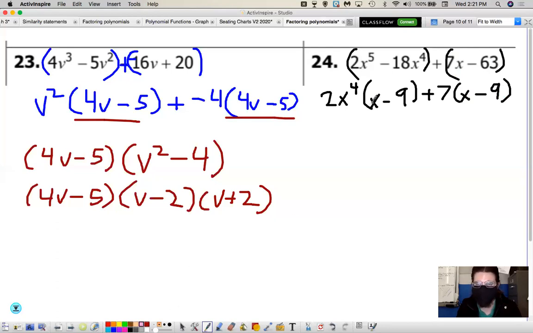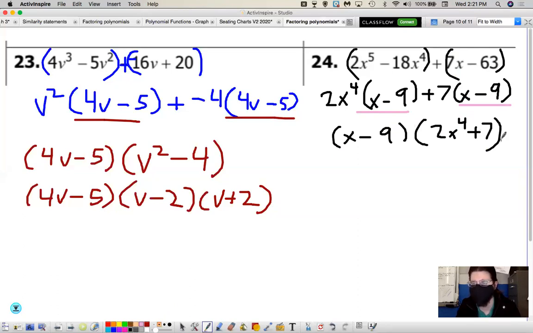Common factor is x minus 9. So we're left with x minus 9 times 2x to the fourth plus 7. Check these. Nothing else we can do. There's no difference of squares or anything else we know how to deal with, so we're done.